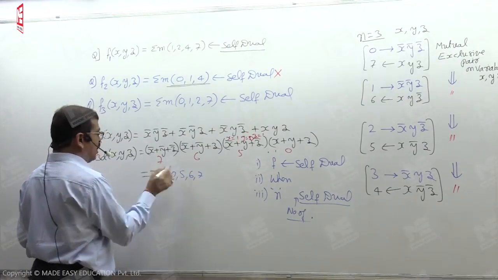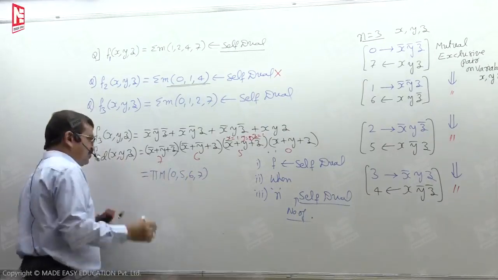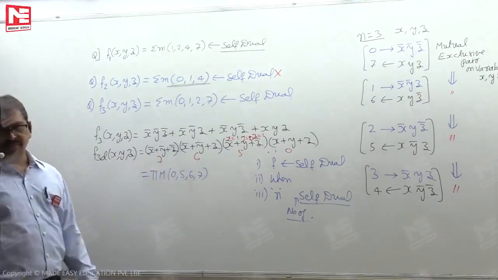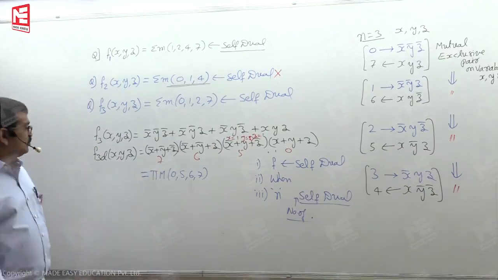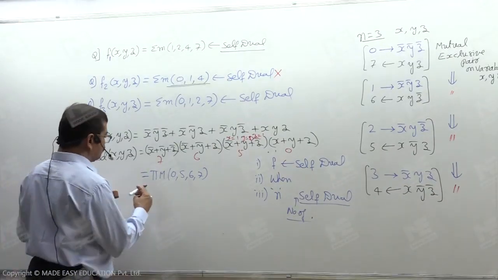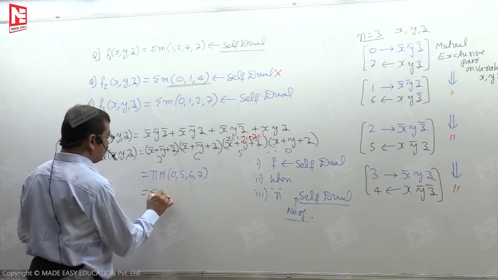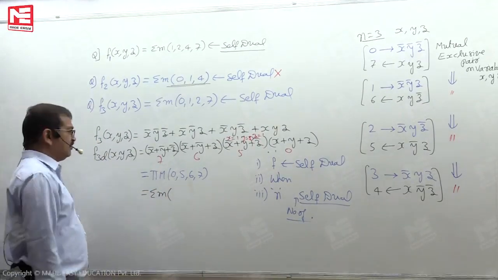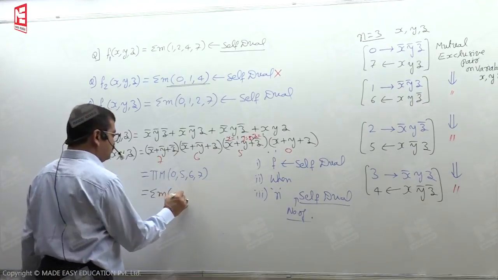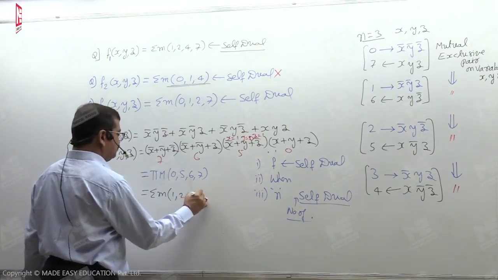These 4 combinations are the max terms for the dual function. Out of 8 combinations, 4 are max terms, so the remaining 4 combinations must be min terms. So the leftover combinations are the min terms: 1, 2, 3 and 5.